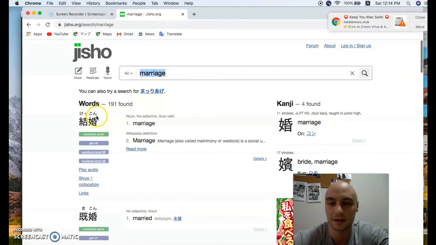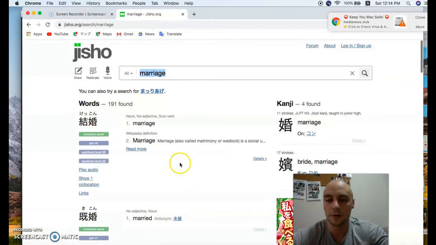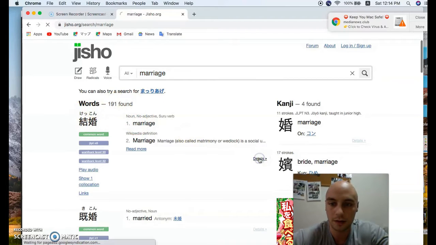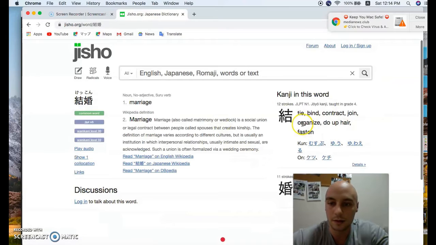The word marriage, it's the kind of word you would learn early on in Japanese. Very basic word. Let me look at here. And the two characters used for that are like this, which means tie, bind, more or less, and this, which literally means marriage. So the word is kekkon.